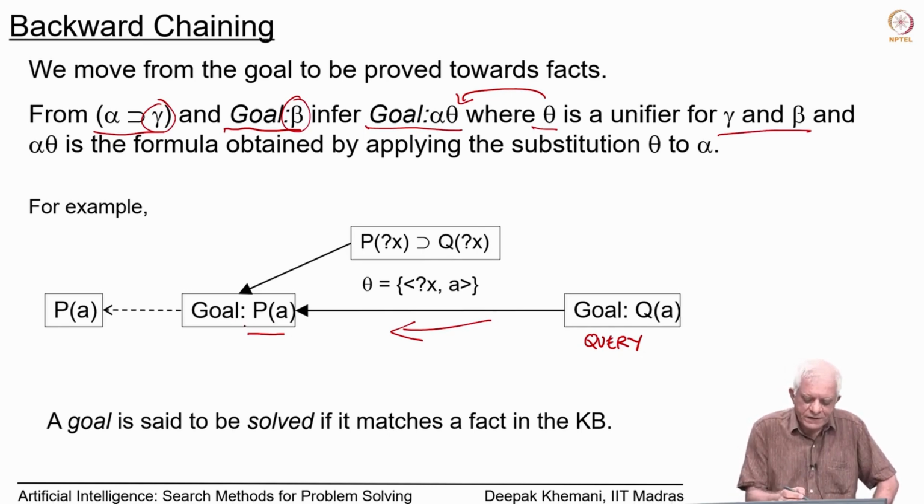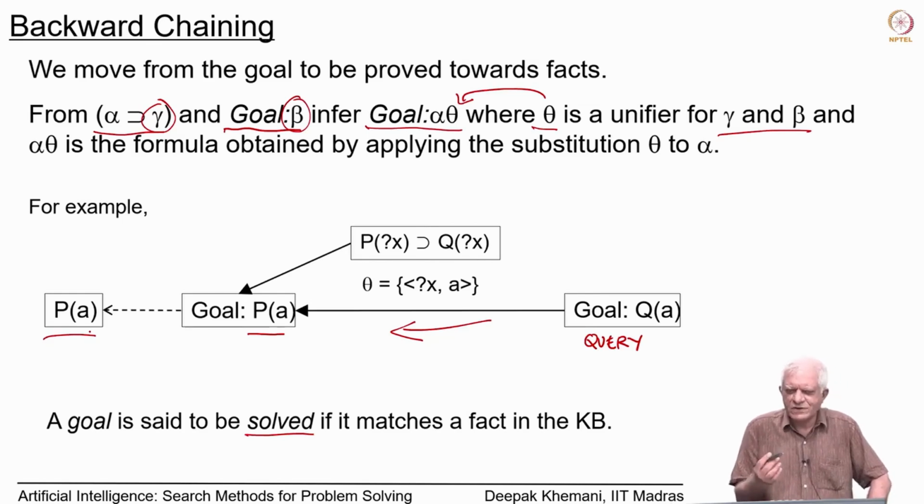Now, a goal like this is said to be solved if it matches some fact in the knowledge base. So, if in our knowledge base we have p of a as given here, then we can say yes, the goal is solved essentially. So, this has a flavor of goal trees that we saw, and we will see now that indeed there is a lot of similarity between goal trees that we studied earlier and the backward chaining process in logic essentially.